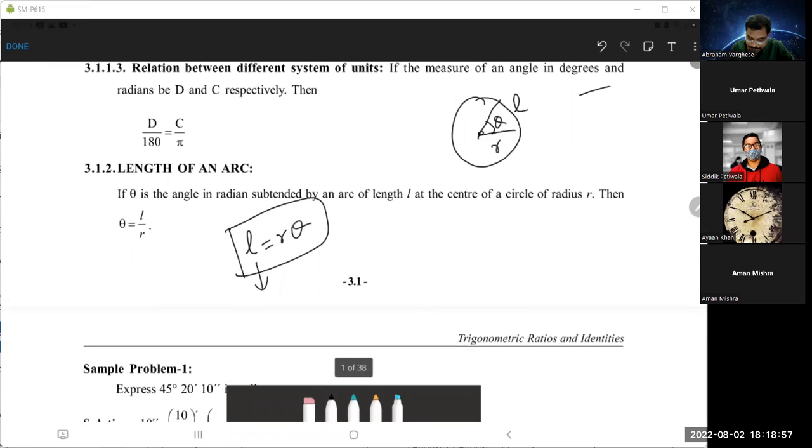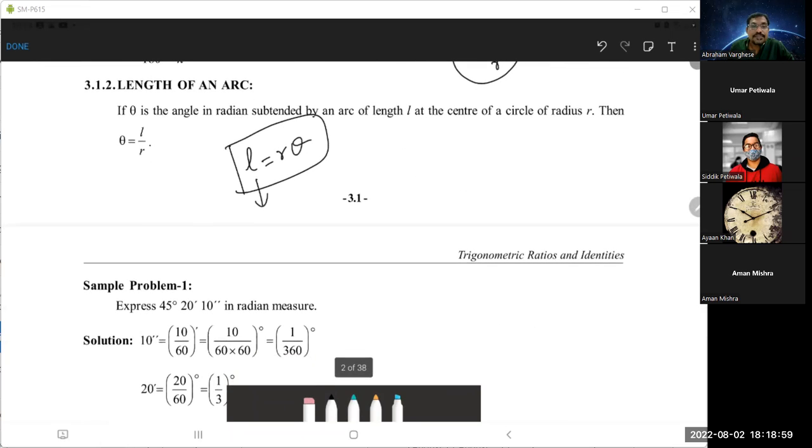Okay, now you see, can you convert to radian measure? Radian measure means we can have the conversion between degree and radian. That means pi radian is equal to 180 degree. This you can memorize. Whenever you want to convert radian to degree or degree to radian, remember pi radian is equal to 180 degree.